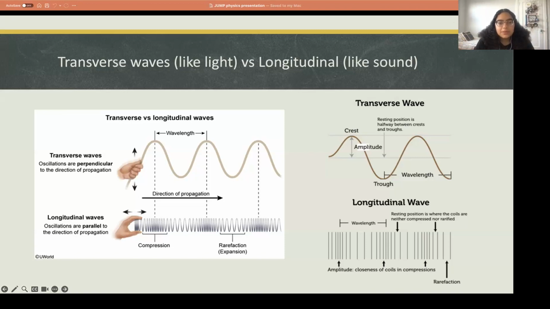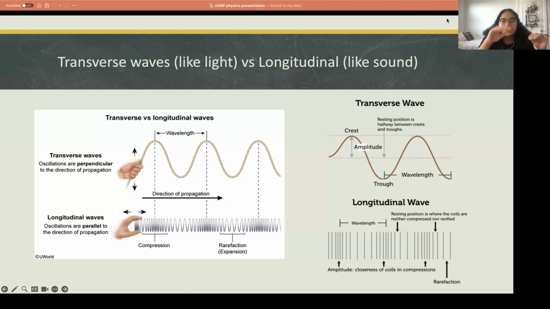Like I said, light is a transverse wave, and some of the properties you'd want to know, on the right side there, are that a wavelength is from crest to crest, so peak to peak, or trough to trough, which is the low point to low point. That would be one wavelength. It's not from middle to middle; that will get you half a wavelength.